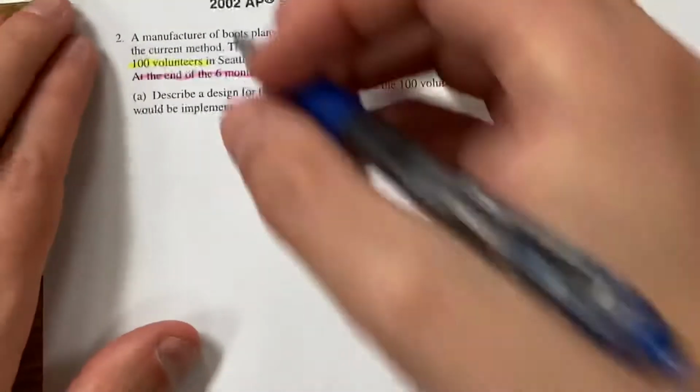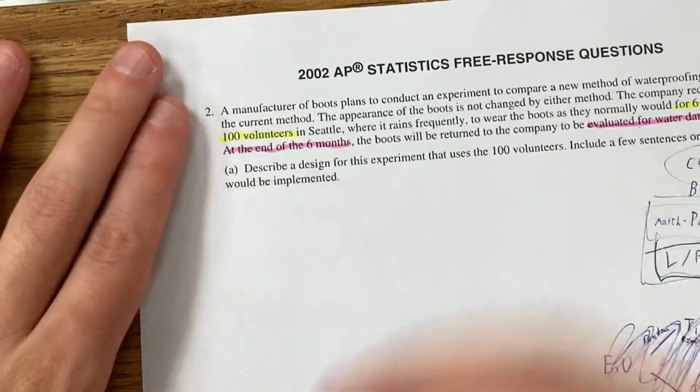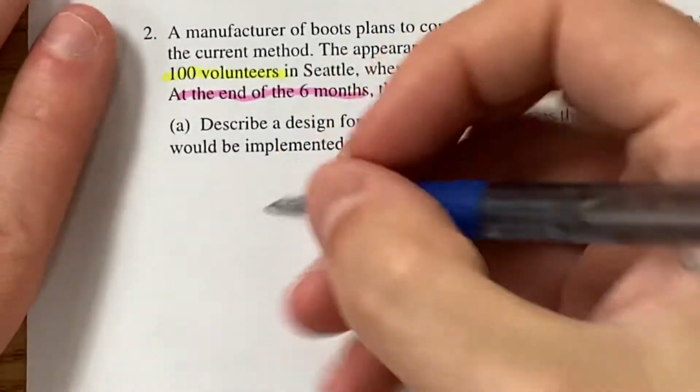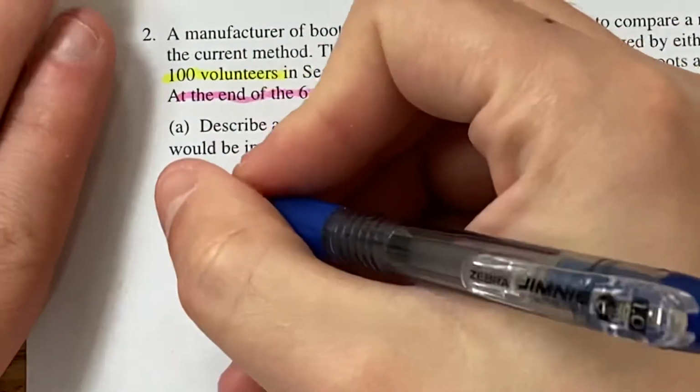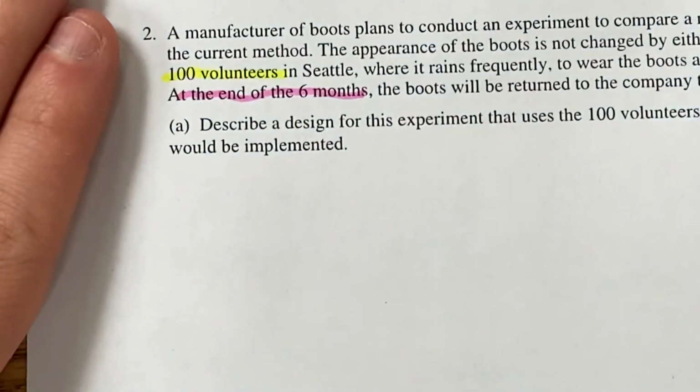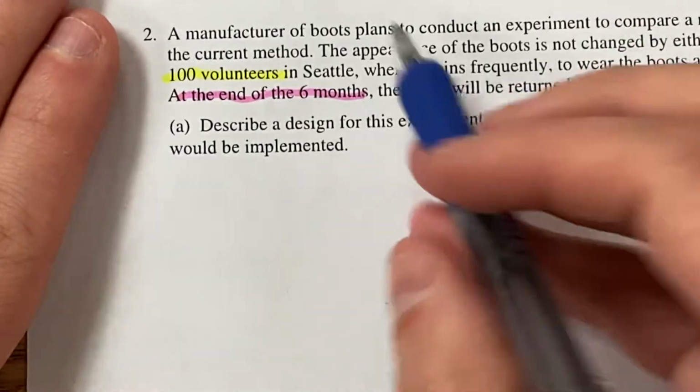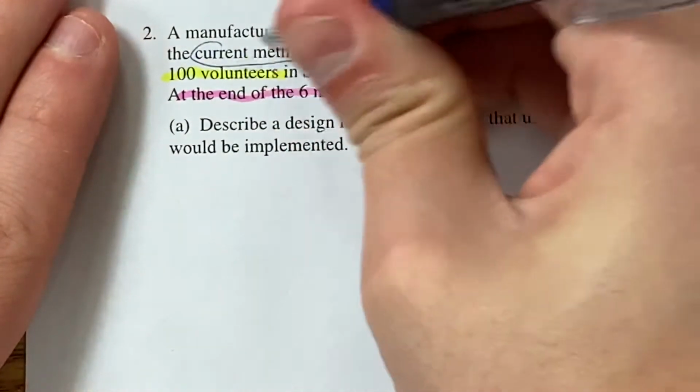Okay, so let's get started. So the first thing we'll talk about is every single volunteer getting one boot as the new method. Where is it? The current method.